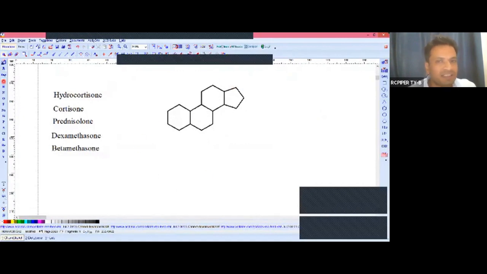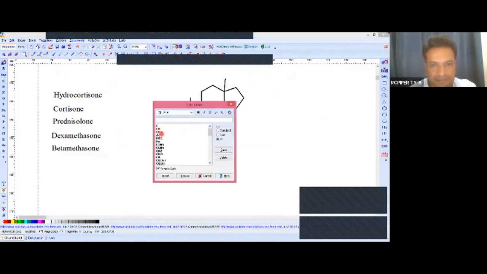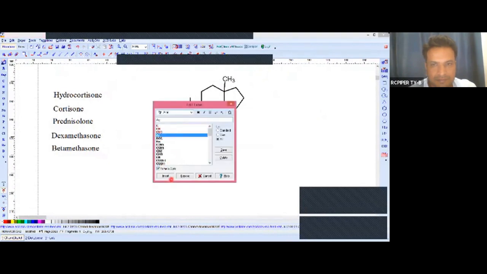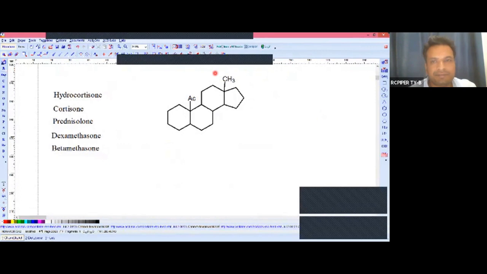Now, the most important thing is that I should insert, now 17 carbons are here in the steroid, then 18 methyl, 19 methyl. Now 19 carbons.